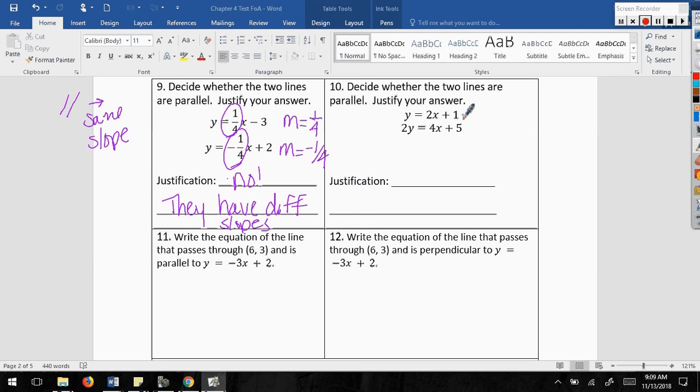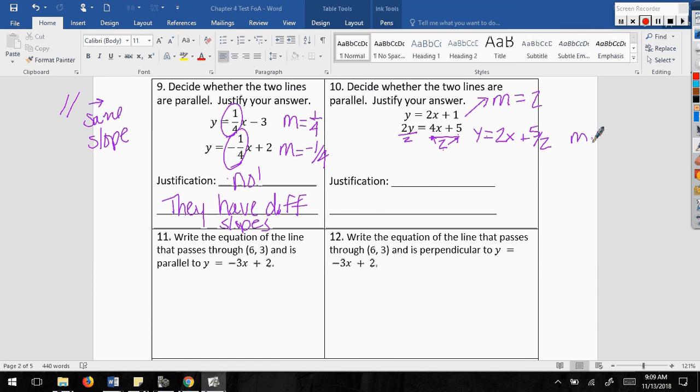Now, here, I can find the slope of the first equation fairly easily because it's in slope-intercept form. It's 2, right? But this equation is not solved for y yet. It's not in slope-intercept form. So I need to divide both sides by 2 first. And I find out, in fact, that y equals, well, 4x over 2, because remember it goes to both, would be 2x plus 5 over 2.